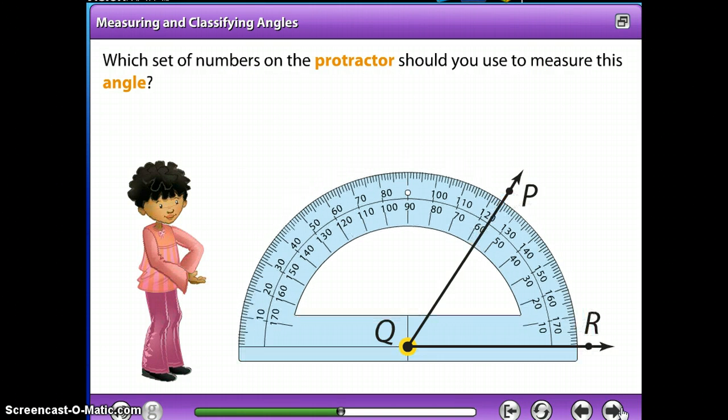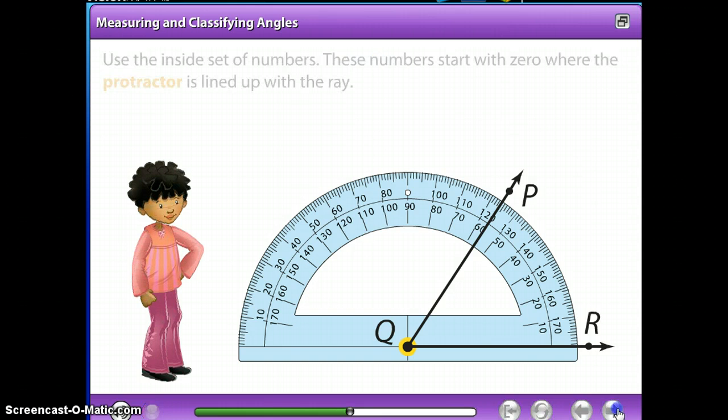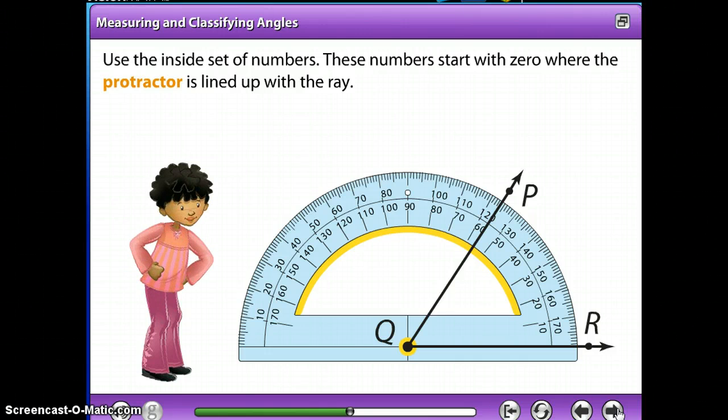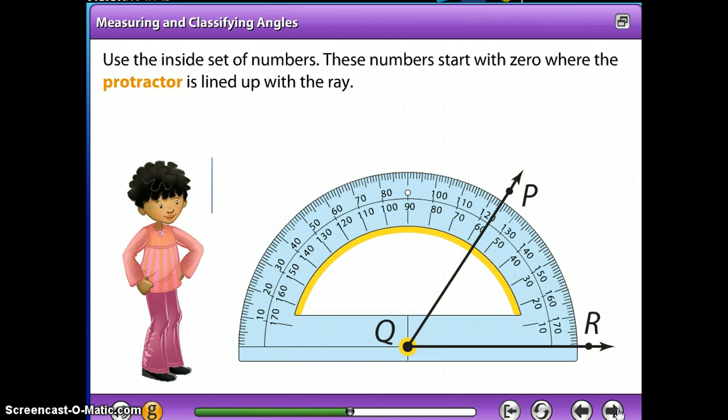Which set of numbers on the protractor should you use to measure this angle? What do you guys think? Which set of numbers, top or bottom? Hadley? Bottom. Use the inside set of numbers. These numbers start with 0, where the protractor is lined up with the ray.